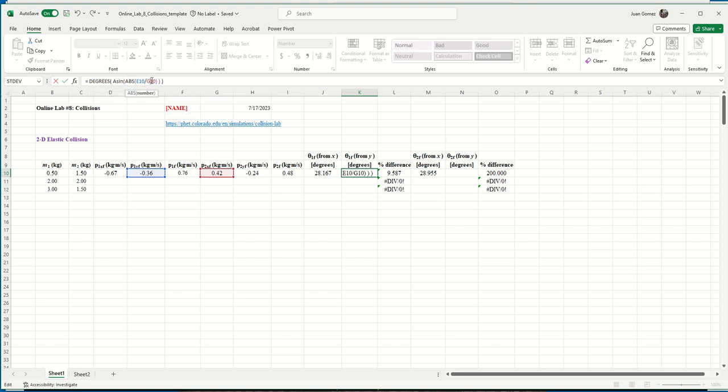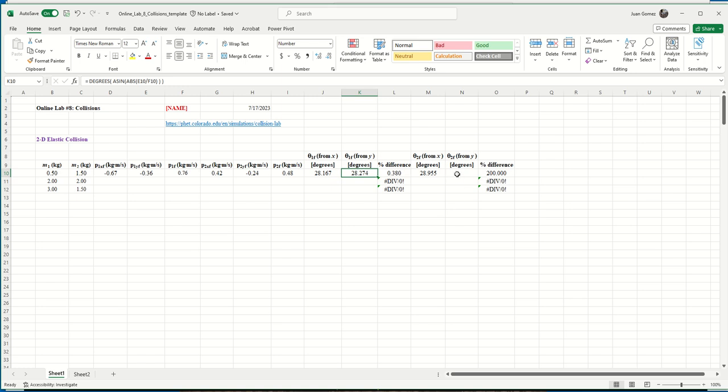So I have to take that G and change it to an F. So it should be E10 over F10. And notice it gave me the degree. Notice the percent difference automatically updated.